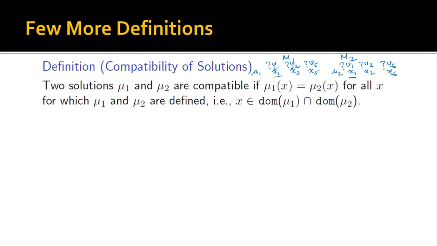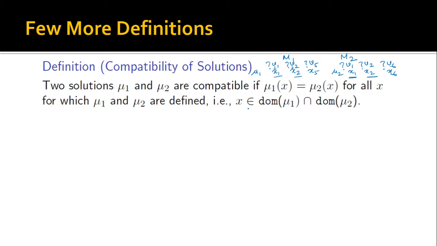V2 has been instantiated with x2, and V2 has been instantiated with x2 here. But I really don't care about the case where V5 and V6 are two different variables. These are not common to the two solutions, so we will not be bothered about them. We'll be bothered about the case where we have common variables, right? And this will be very much useful when we talk about the join operator. So let me define this compatibility of the solution in formal terms.